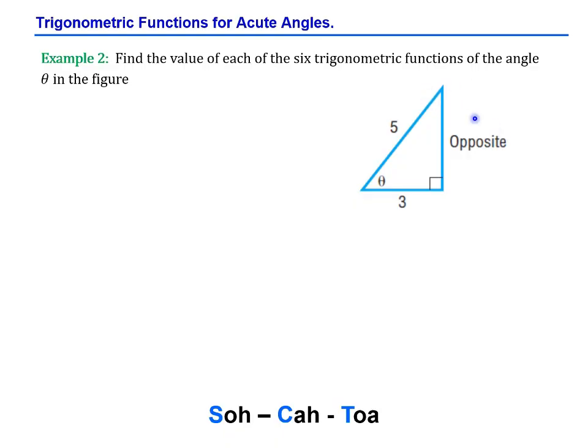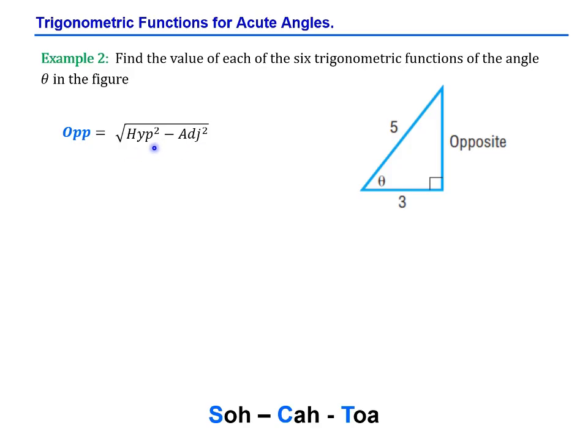So first of all, you need to find this side, which is the opposite of theta. To find this, you need the Pythagorean theorem, because this is a right triangle. So opposite is equal to the square root of the hypotenuse squared minus the adjacent side squared.